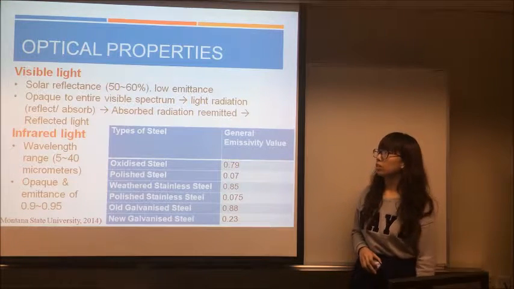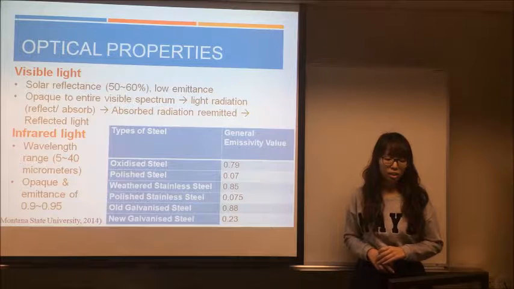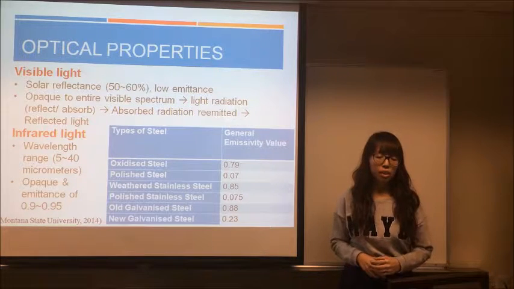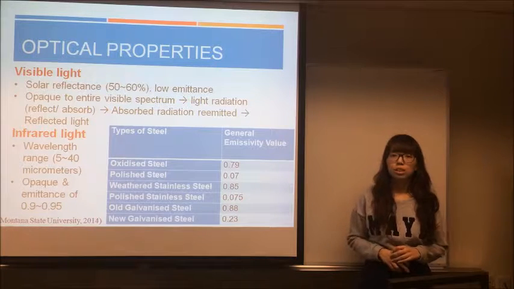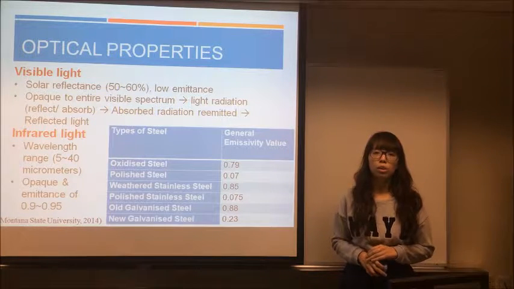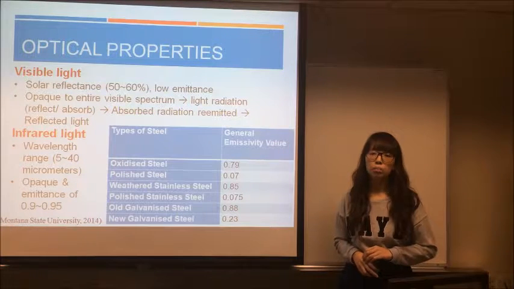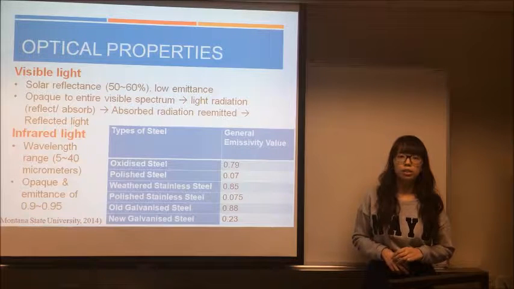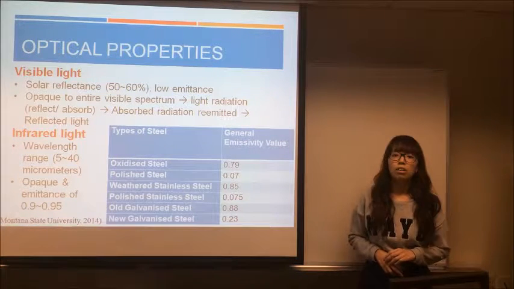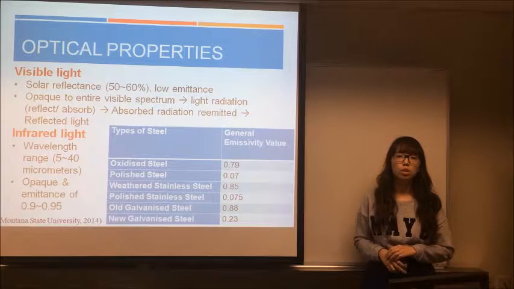And I'll talk about the optical properties of the steel. Firstly, the steel has a solar reflectance of roughly 50 to 60% with a low emittance. The reflectance and emittance of the steel depend on the smoothness of the surface and the presence of surface oxides, for example, the chromium oxides on the surface of stainless steel.